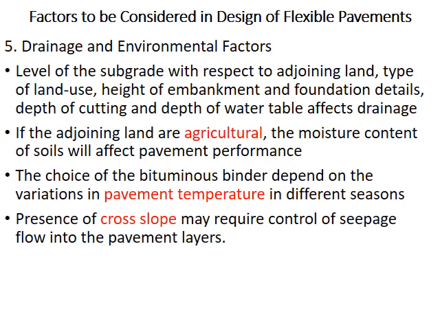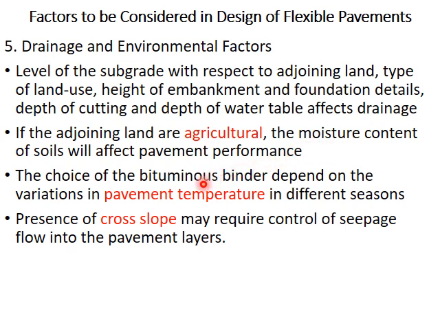Last is the drainage and environmental factors, which are decided by the level of the subgrade with respect to the adjoining land, type of land use in the adjoining land, the height of embankment and foundation details, depth of cutting, and depth of water table. If the adjoining land or the land next to the pavement is agricultural, there can be water inflow to the pavement surface or the subgrade, and moisture will affect the strength of the pavement layers.